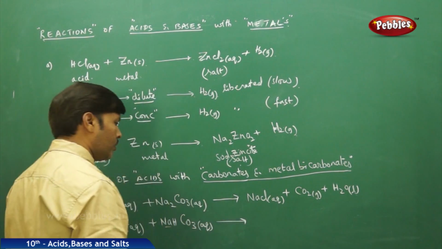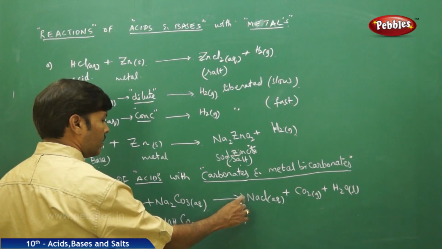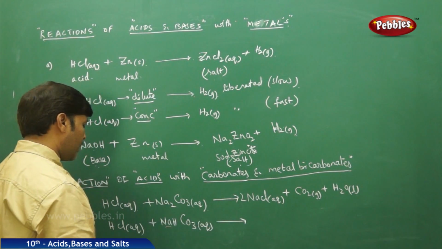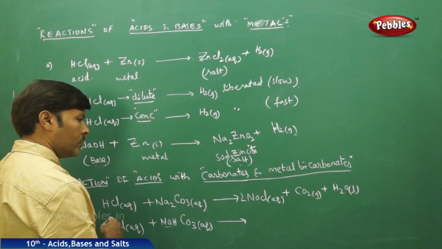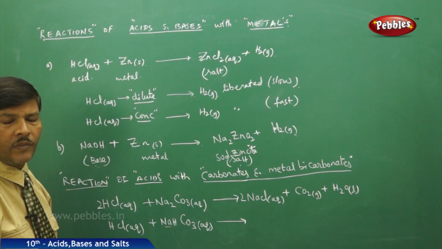Of course, in the earlier equation, to balance it, take 2 over here besides sodium chloride, and also 2 for the hydrogens. The reaction is balanced in the first equation.